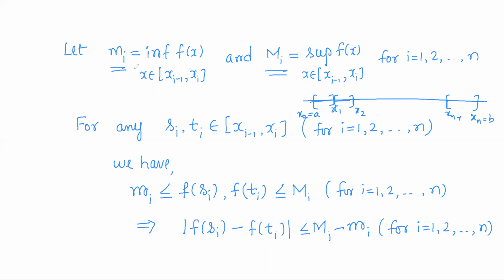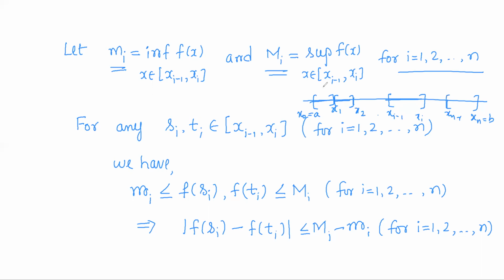Define mi to be the infimum of all f(x) as x varies over the closed interval [x_{i-1}, x_i], and capital Mi to be the supremum of all f(x) as x varies over the closed interval [x_{i-1}, x_i], and this is true for i equal to 1, 2, up to n.